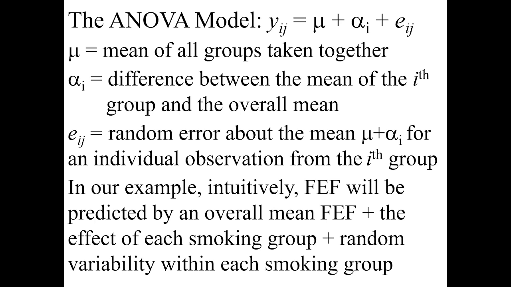I hope you understand this model, and if you do, further things are very straightforward. I advise you to think about what we are trying to say by this model: Yij is equal to mu plus alpha i plus eij.